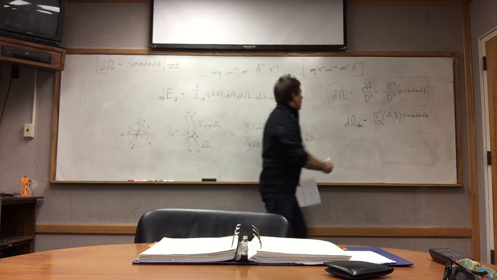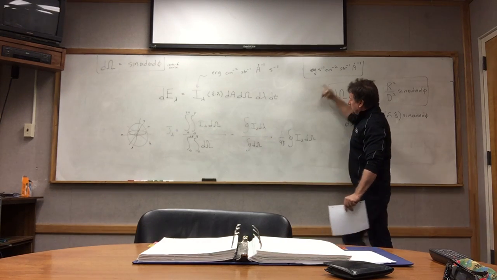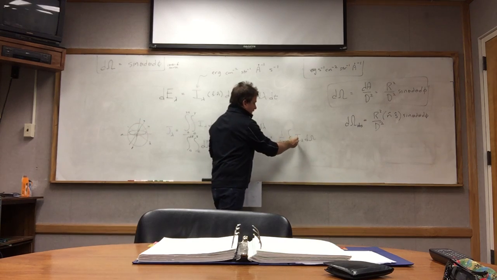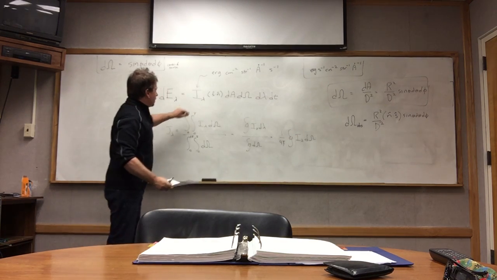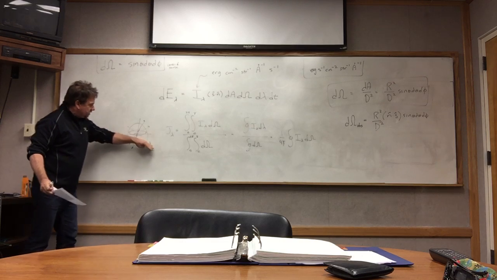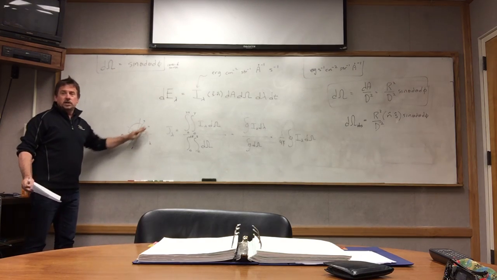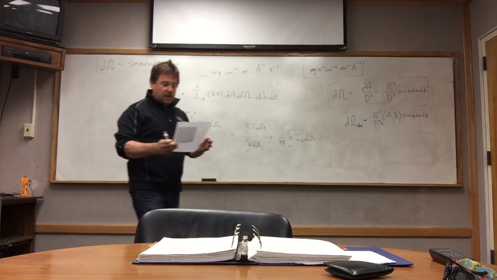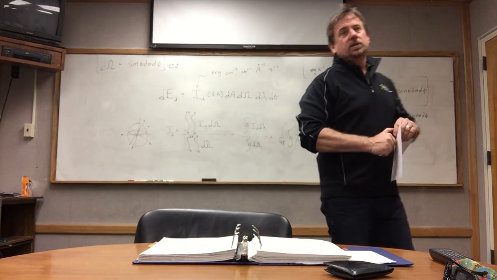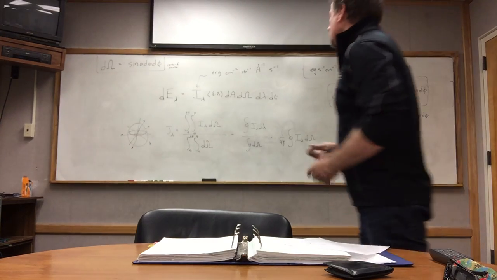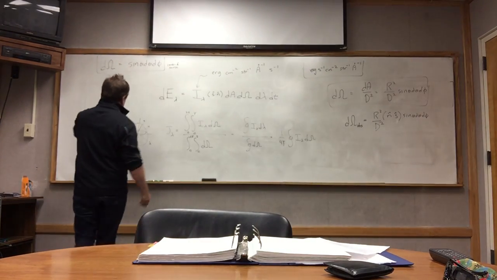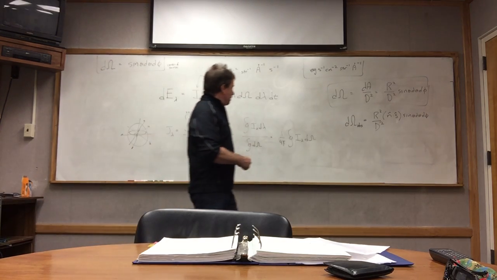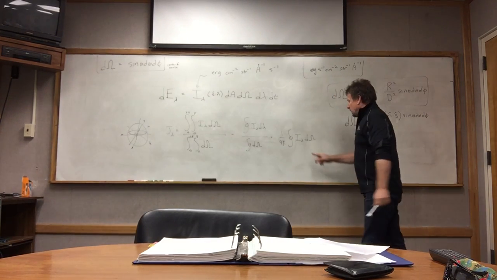Okay, now remember d omega is a function of sine theta, or theta and phi. So far, we've got this I lambda, but I lambda could have different intensities in different directions. So that's why we have to keep that in the integral, because we're integrating over all the different directions. The magnitude in the theta equals 0 direction could be different than the magnitude in the theta equals pi direction. But guess what?